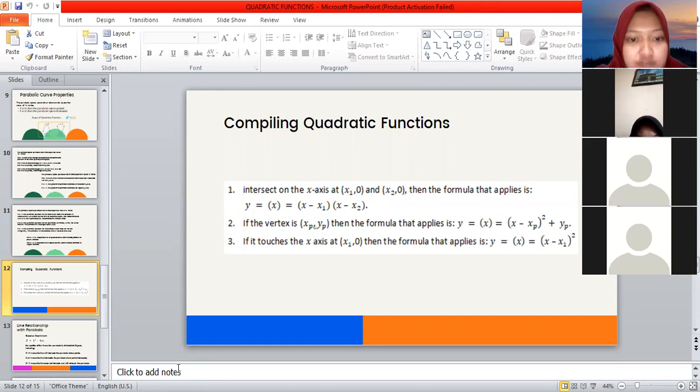Second, if the vertex is (xp, yp), then the formula that applies is y equals (x minus xp) squared plus yp. Third, if it touches the x-axis at (x1, 0), then the formula that applies is y equals (x minus x1) squared.